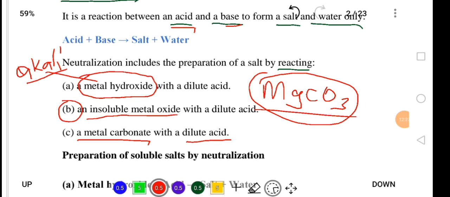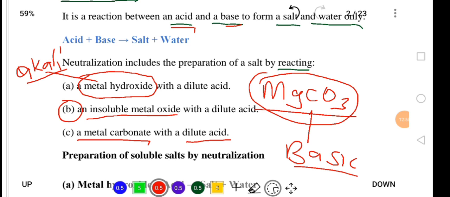Now, the science behind magnesium carbonate or any other type of metal carbonate, you need to understand that all carbonates are basic in nature. By this I mean metal carbonates are formed between a weak acid and a strong base.